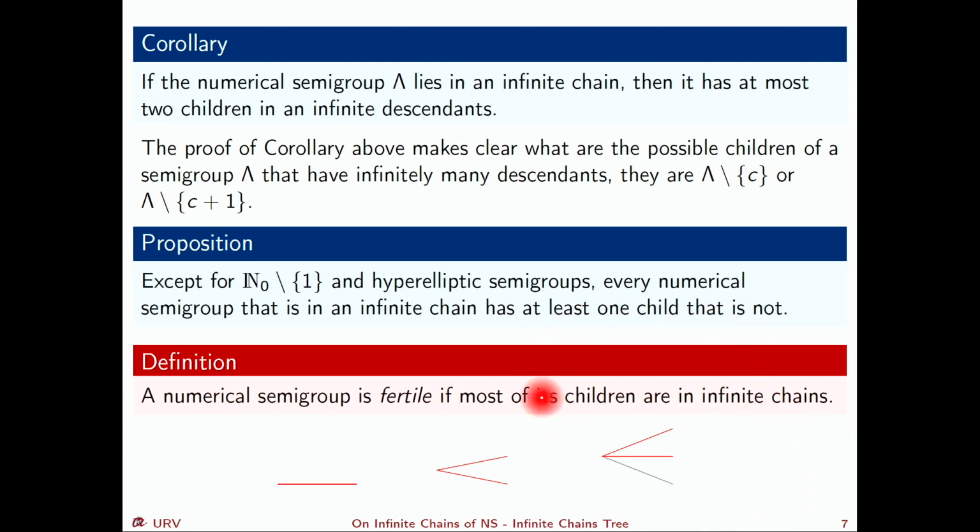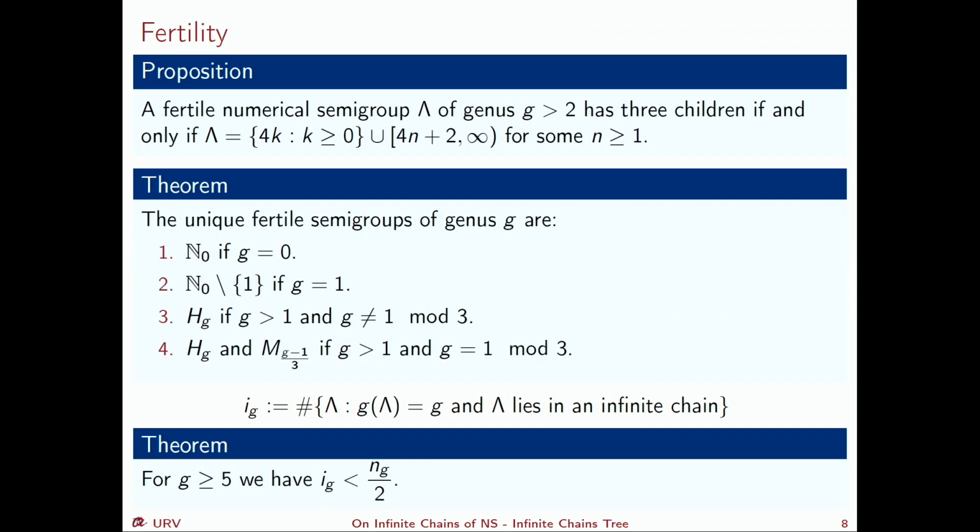And about the third case, the third case just happens one time at every 3 genera. And with that, we can prove this theorem: the number of numerical semigroups in an infinite chain with fixed genus g is at most a bound in g.